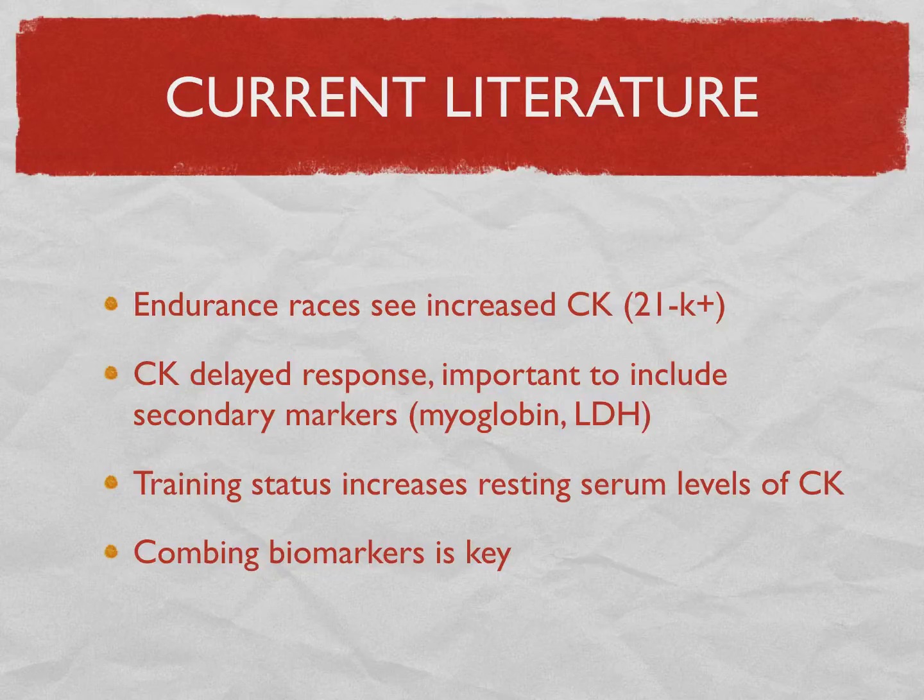But in general, all these races above 21K saw an increase in the creatine kinase, and the creatine kinase shows an increase with intensity and duration. So that's why these long endurance runs see this increase. But it's important to note that the creatine kinase is a delayed response. So it's important to include that secondary marker, myoglobin. Also, they used lactate dehydrogenase as one of theirs as well.